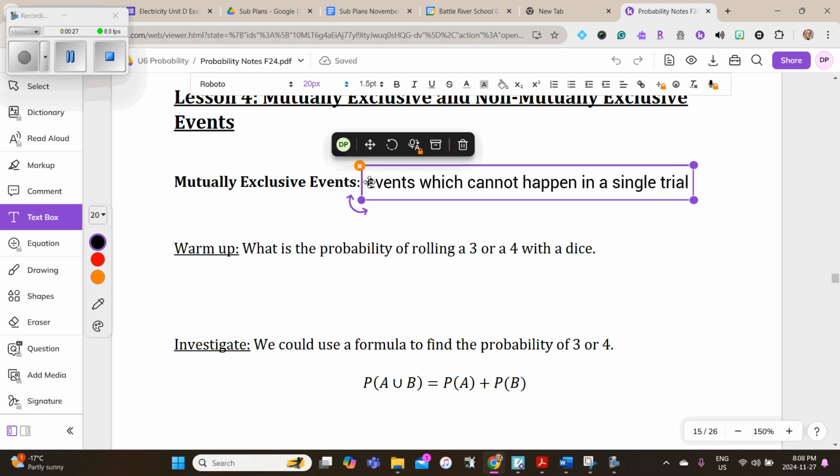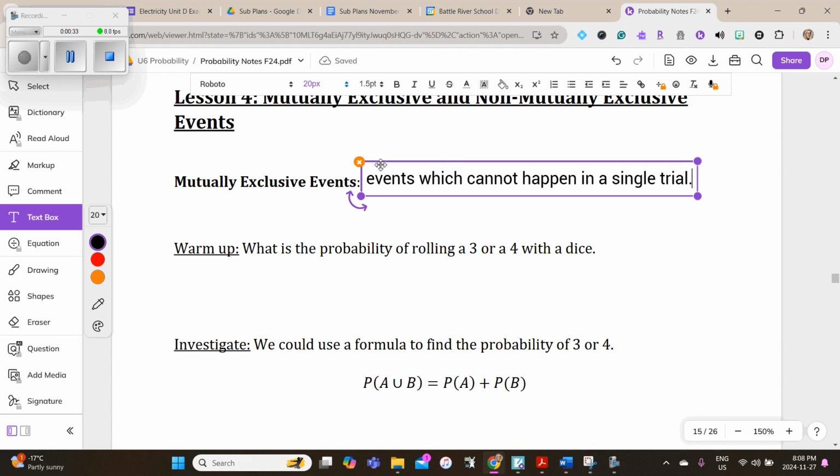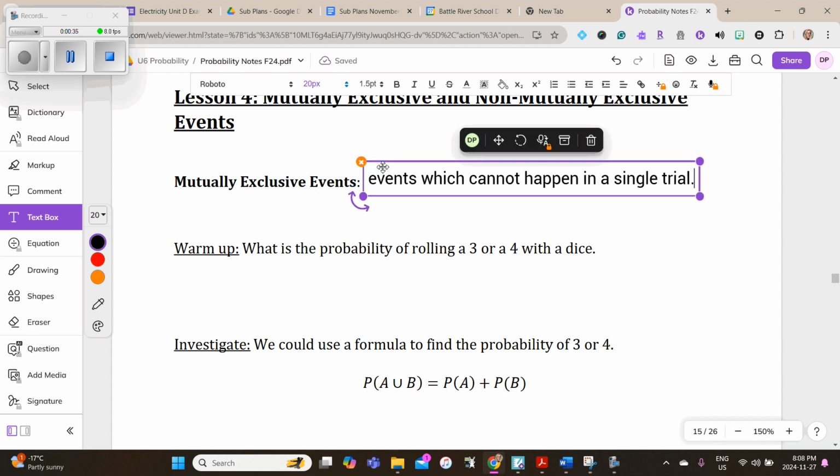So they have no common parts. For example, mutually exclusive events would be flipping a 7 in a deck of cards and flipping a 10. If I flip a card, it cannot be both at the same time. It's either going to be one or the other.